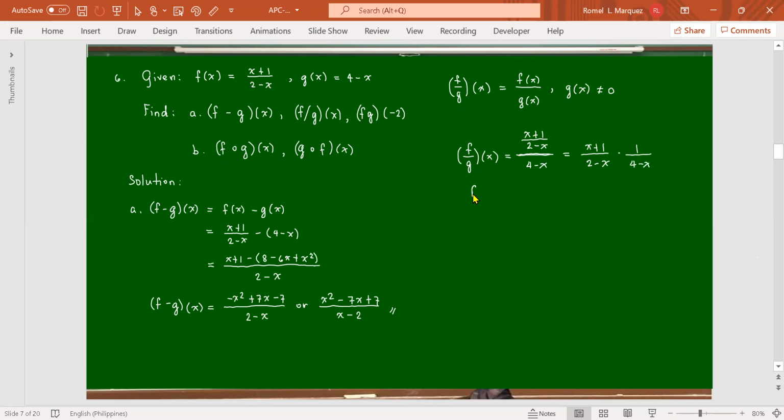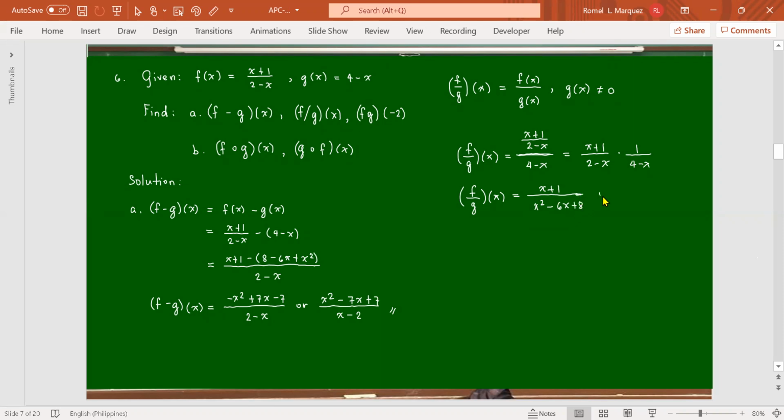And then finally, what is our f over g of x, guys? X plus 1 all over that is x squared plus negative 6x plus 8, okay?